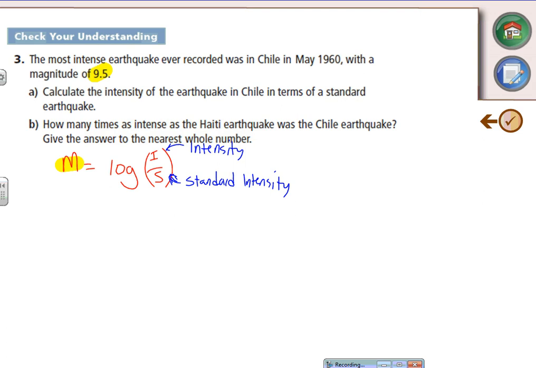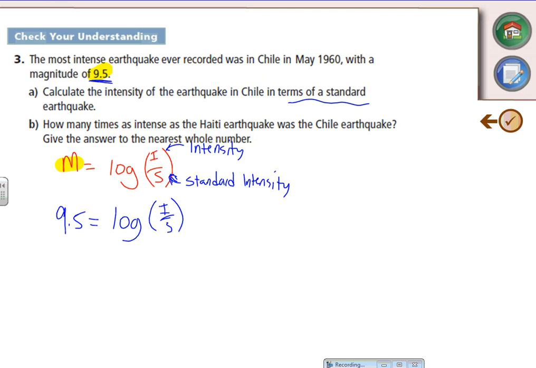We want to know how many times more intense Chile is. Let's fill in what we know. The only thing we're told is 9.5, the magnitude. So 9.5 equals log of I over S. We need to isolate and solve for I, the intensity, in terms of the standard S.